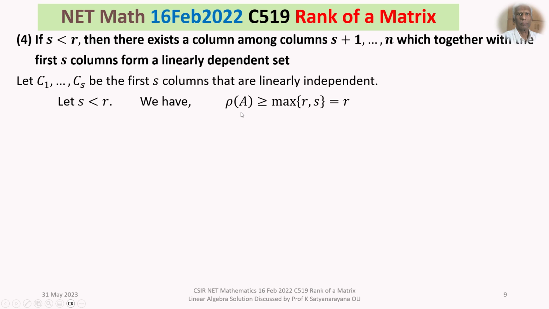We have rank of A is greater than or equal to maximum of R comma S, which we have established in option 1. Therefore, since S is less than R, the maximum of R and S will be R. Agreed.